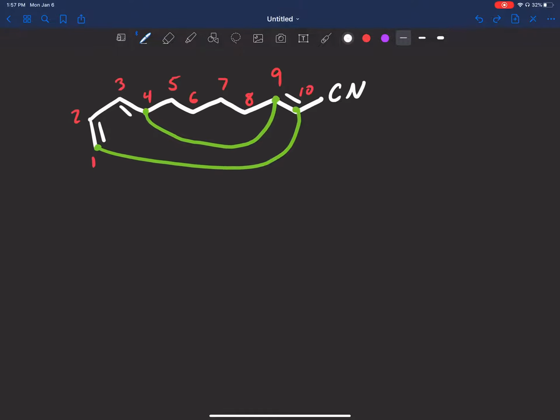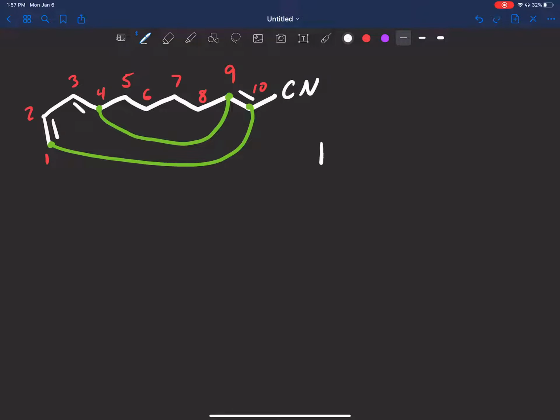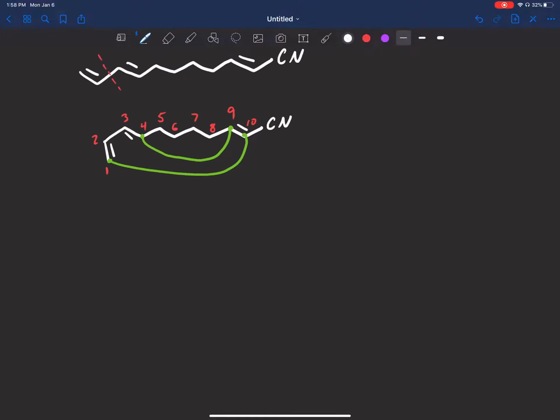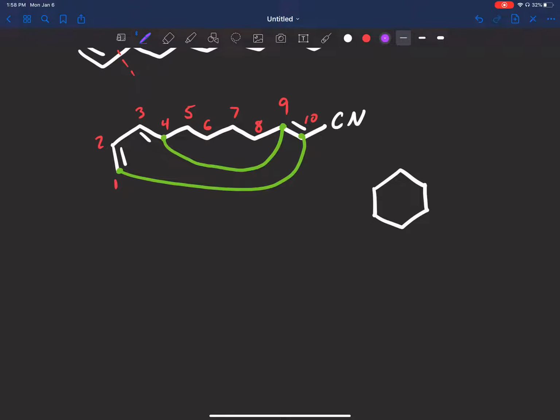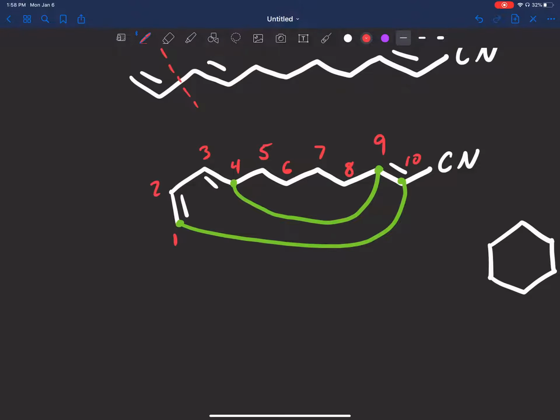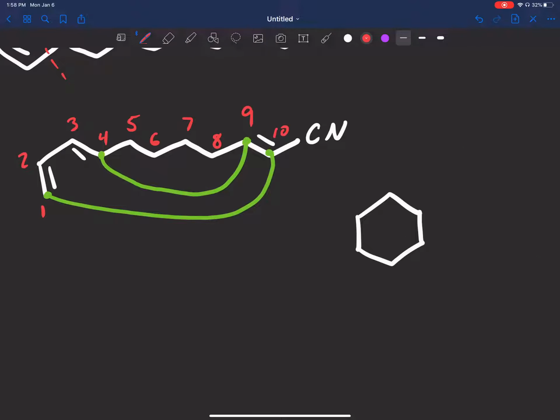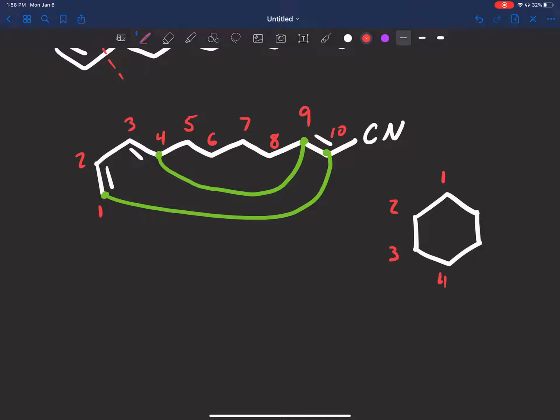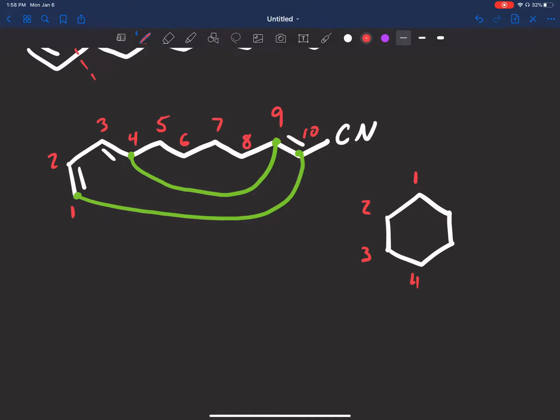So now I'm going to draw that six-membered ring we always know forms. Let me make that bigger. Let's number the carbons of our ring. Be careful here. The way I numbered it, I'm going to number 1, 2, 3, 4. But now the other two carbons in our Diels-Alder ring are 9 and 10.